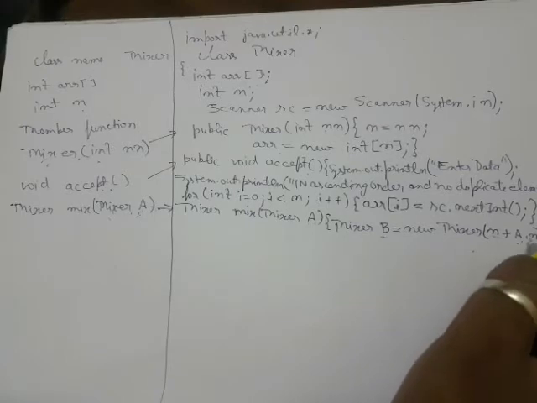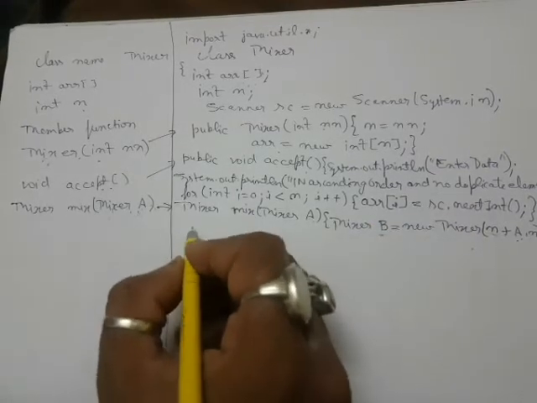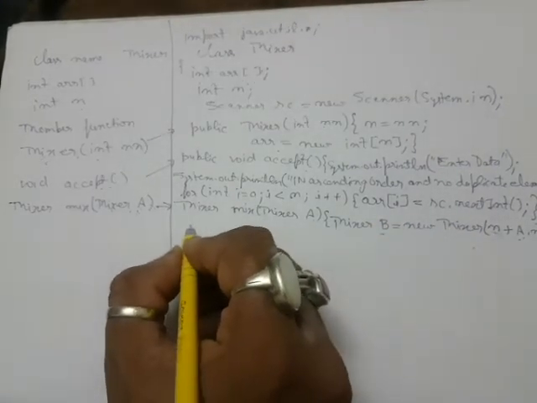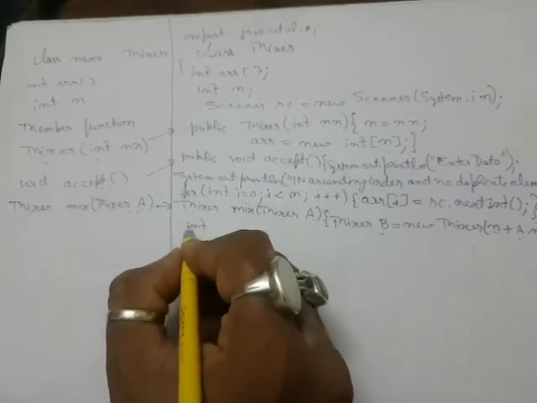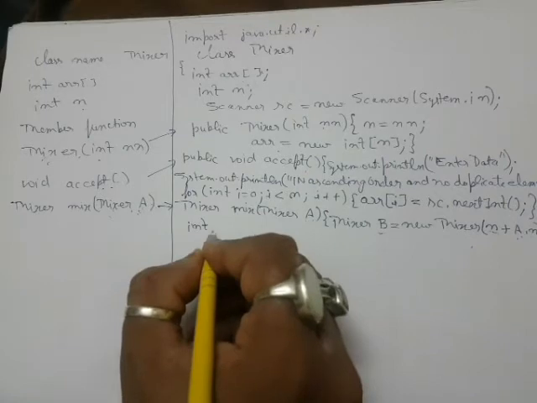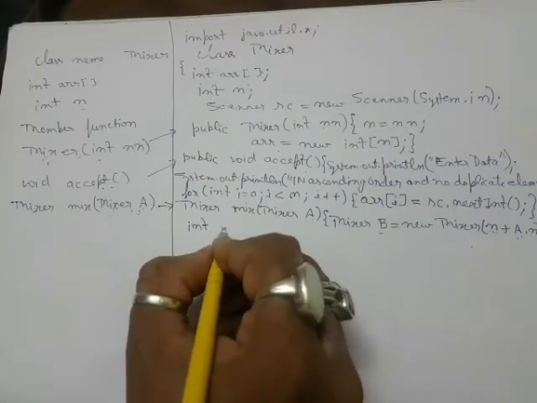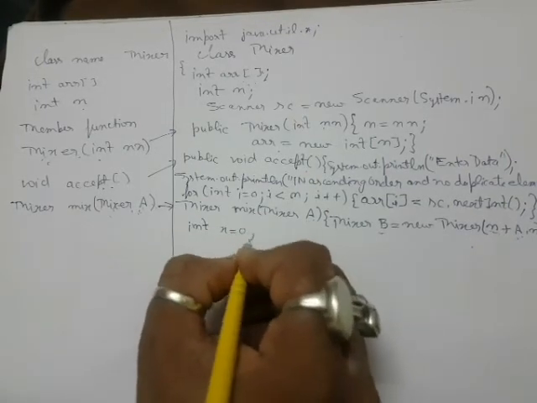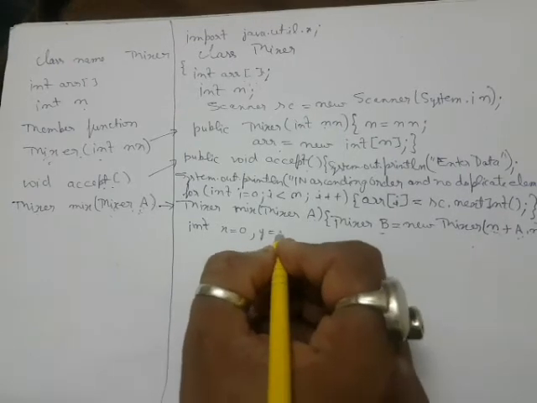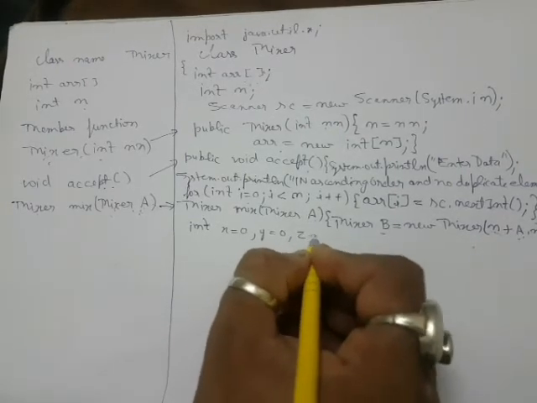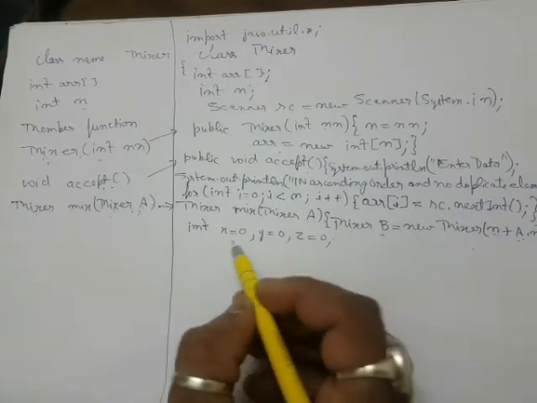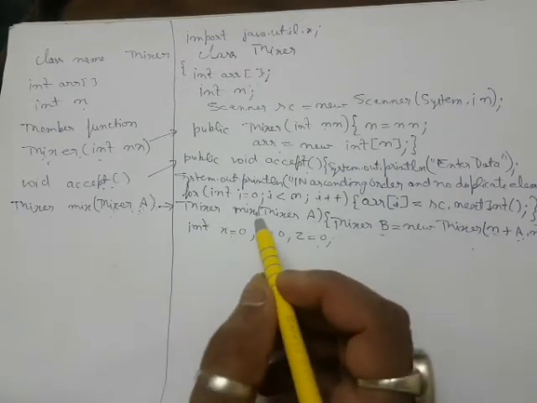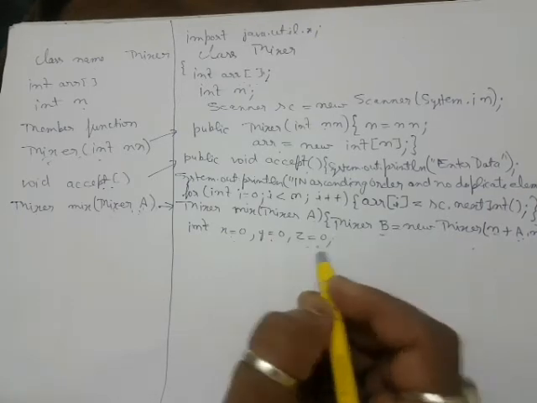So it's ready now. After that, whenever we merge the data, I need to keep track of the array index. So these are the pointers to keep track of the arrays, x, y, and z, all the three, because three arrays are there. So x for the first one, y for the second, and z for the third one.